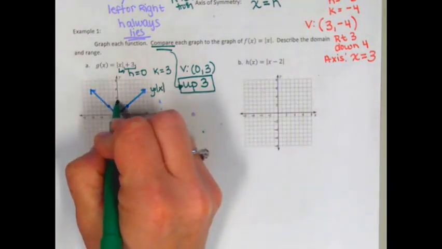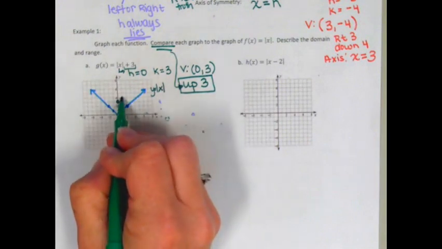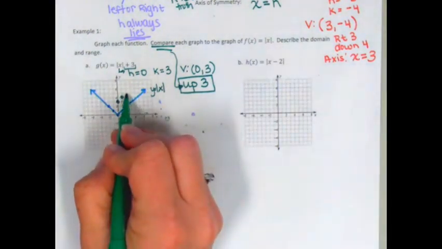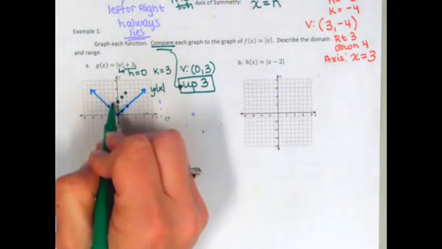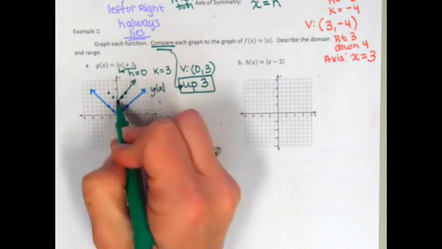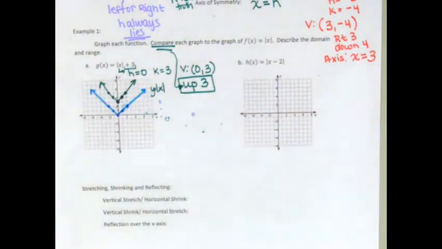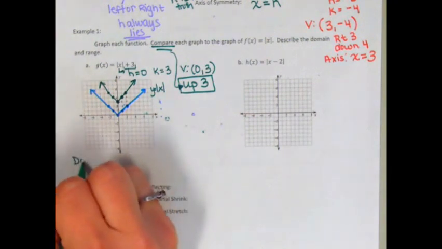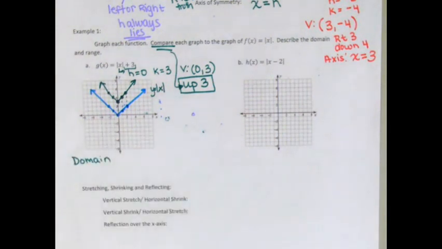If I'm at 1, 1, I can just count up 3. 2, 2, up 3. And the other way, up 3, up 3. The counting only works if you shift it left, right, up, or down. That's it. Once we do other things, it won't work. And there you go. Now, what's my domain? No matter what, my domain is always all real numbers, right?